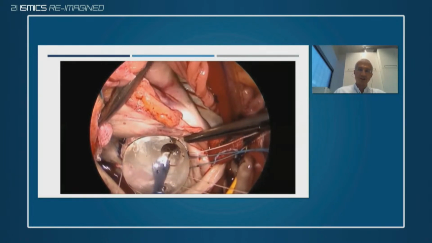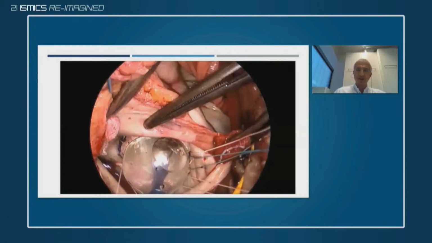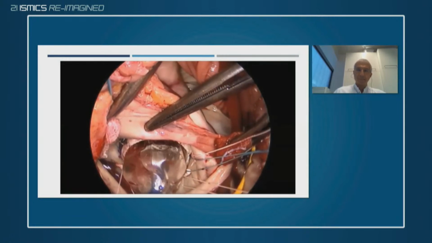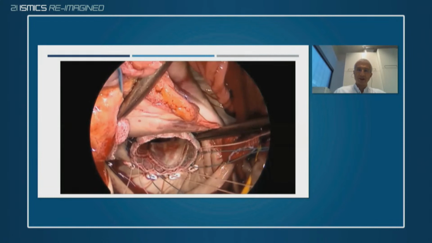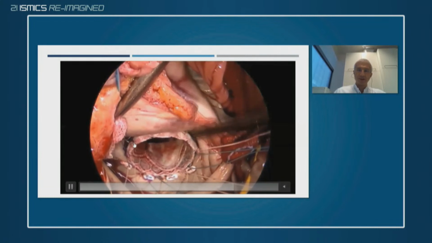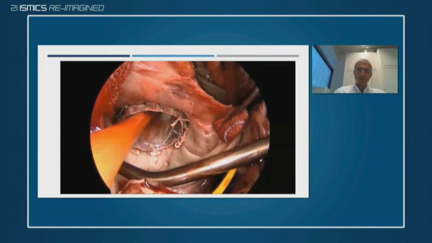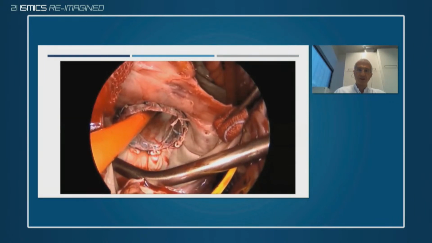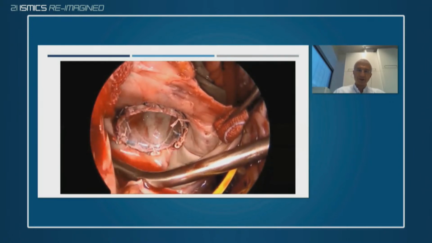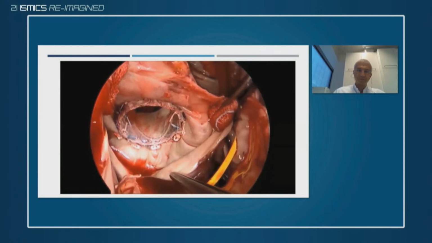We then checked the position of the valve in the annulus, and we tightened the sutures to the two commissures. Filling the left ventricle demonstrated no paravalvular regurgitation and a good opening of the valve without any obstruction of the left ventricular outflow tract.